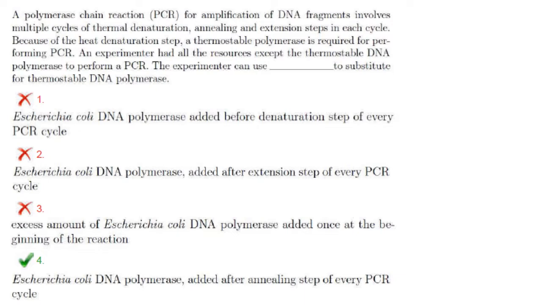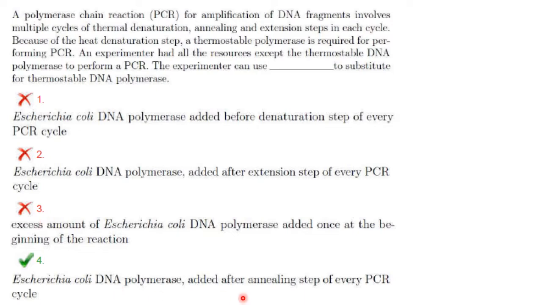An experimenter had all the resources except the thermostable DNA polymerase to perform a PCR. The experimenter can use dash to substitute for thermostable DNA polymerase. He can use an Escherichia coli DNA polymerase added after the annealing step of every PCR cycle.